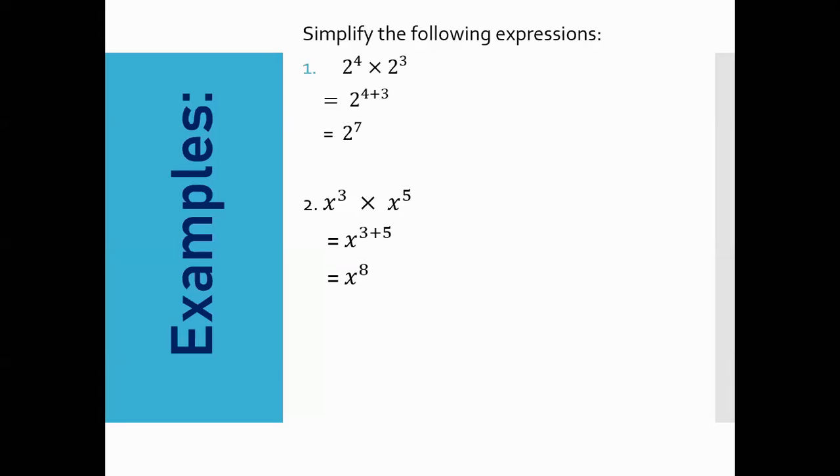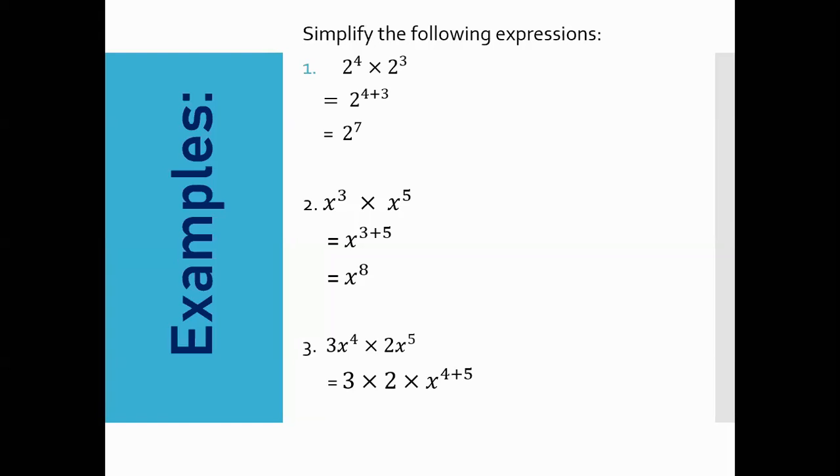Let's look at another example. So this one is a little bit more complex. We have numbers and letters mixed together, but the steps and the rules are still the same. So because 3 and 2 don't have the same base, and their exponents are 1, we don't add the exponents on the 3 and the 2 because the bases aren't the same.